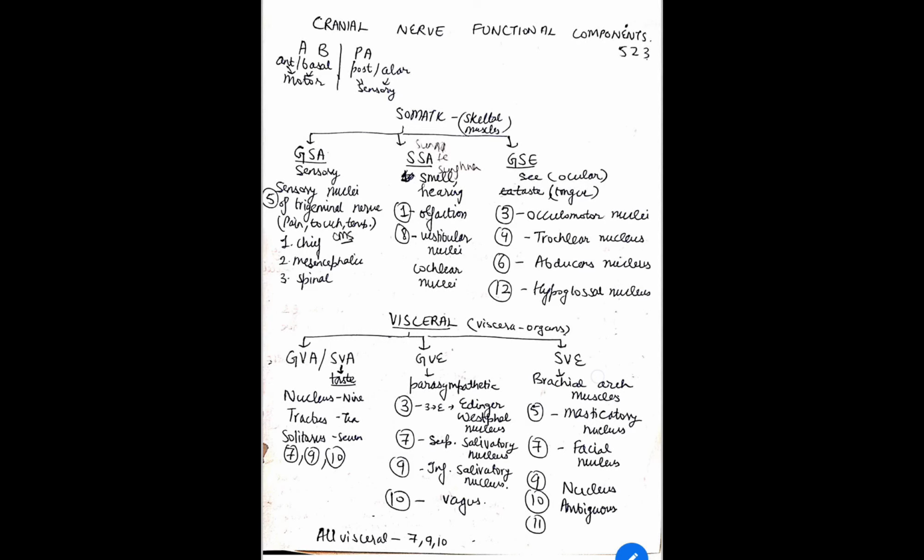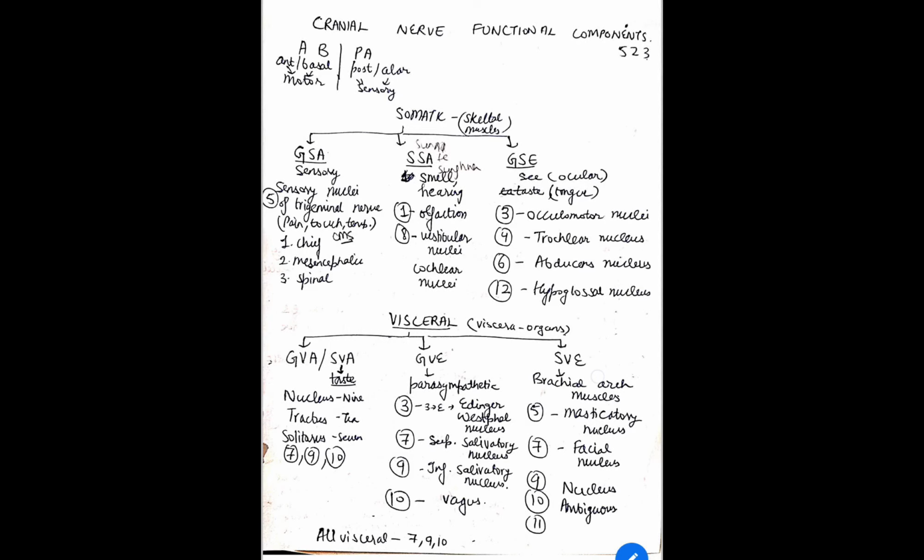Then 7 is the facial nucleus. Ninth, 10th, and 11th; here 11th is also there. In the branchial arches we have not studied the 11th nerve, but the 9th and 11th nucleus is coming, and that is nucleus ambiguus. So here 7, 9, 10 is included in all the visceral components.